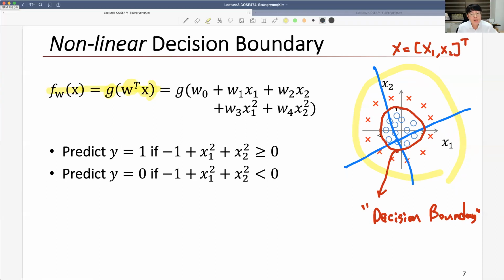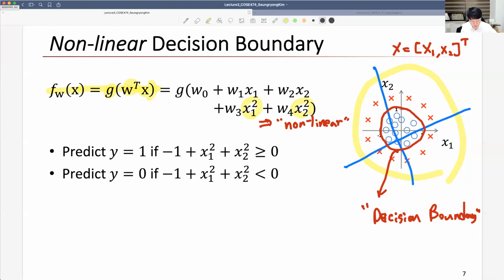Then in this case, we would like to define higher dimensional features. For example, the squared term. This term is a nonlinear term, right?